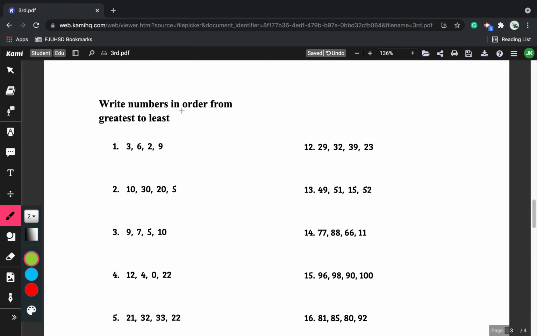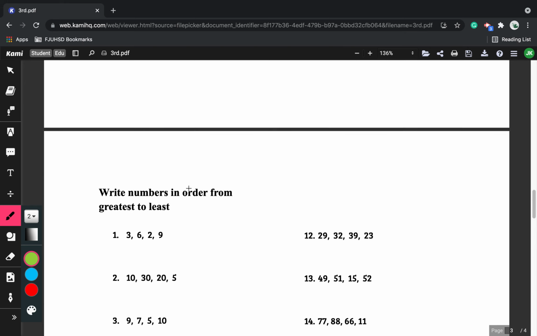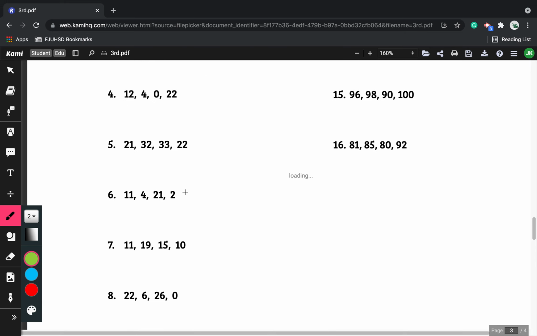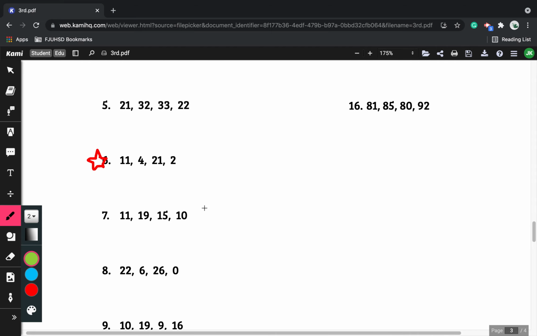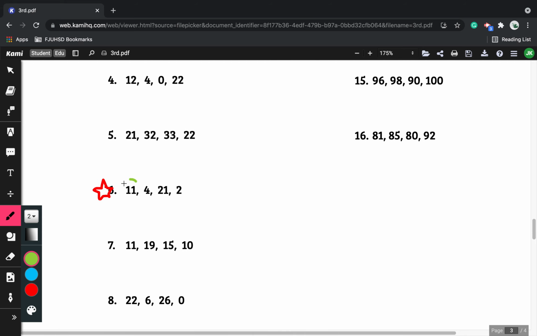Okay, write the numbers in order from greatest to least. What I'll do is see which one has the most digits first. These two have the most digits because they have 2 digits, and these have 1. If they all have the same digits, then I'll compare by who has the bigger number in their highest place.